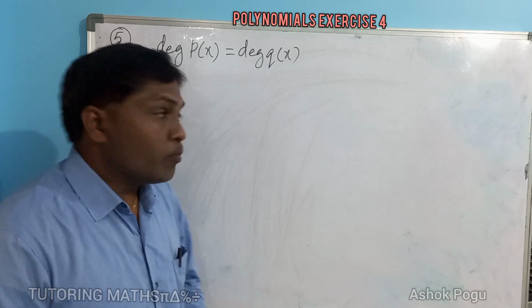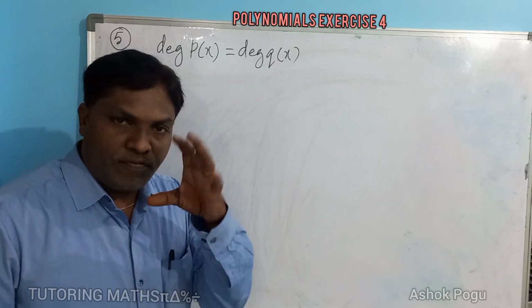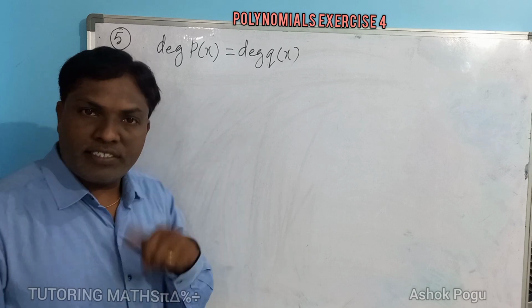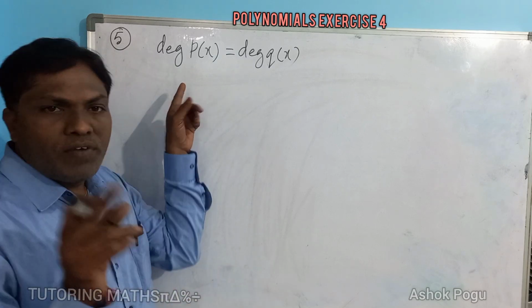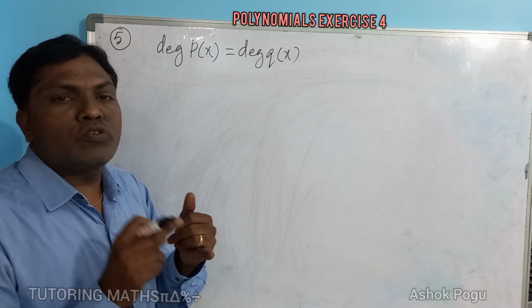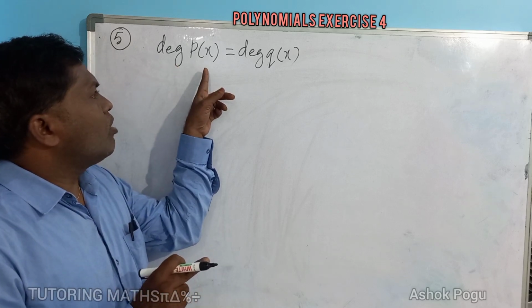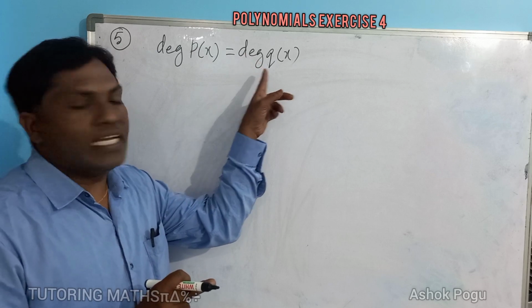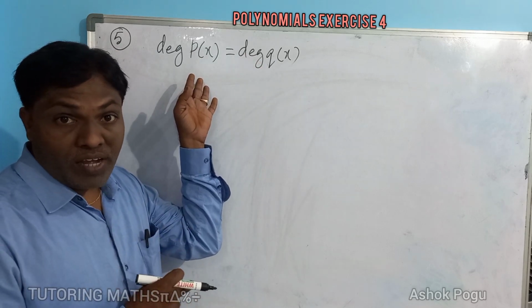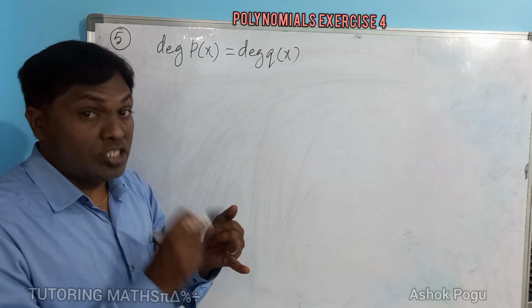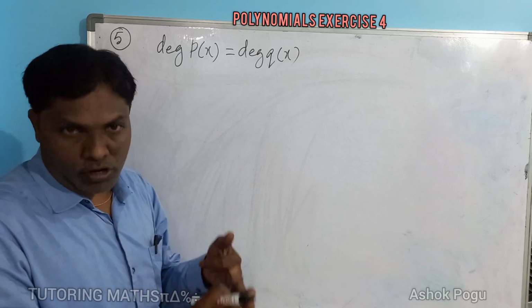Let us discuss one more question, and this is the fifth problem of the fourth exercise, the last exercise of the polynomials. And here we have to verify, we have to check that the degree of p of x should be equal to the degree of q of x. We know that in the division algorithm we have discussed p of x, g of x, q of x and r of x.